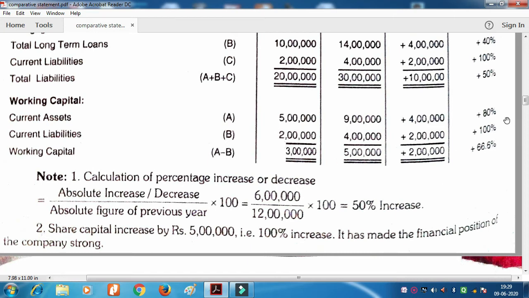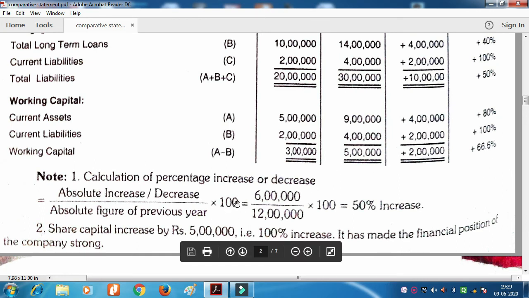We are just comparing the working capital of the previous year and current year and seeing how much it has increased. It has increased by 66.6%. As you can see the formula: absolute increase or decrease divided by absolute figure of previous year into 100. So I assume that you have understood the concept.